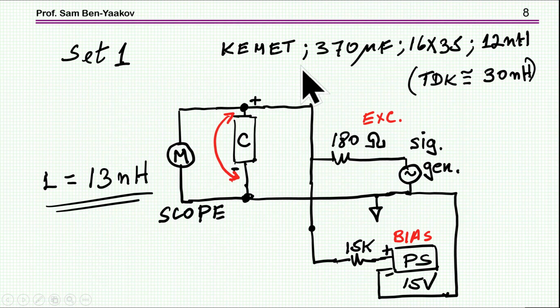So this is for the Chemet 370 microfarad, 16 millimeter diameter and 35 millimeter long, and this is specified at 12 nanohenry for the ESL. Again, the TDK, comparable size and type, is about 30 nanohenry. So here we did this measurement and we got indeed 13 nanohenry, which is pretty close to what has been specified, and this is a reasonable difference that you'd expect from experimental measurements.